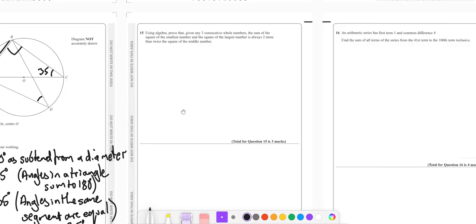Okay, let n minus 1, n, n plus 1 be any 3 consecutive whole numbers.